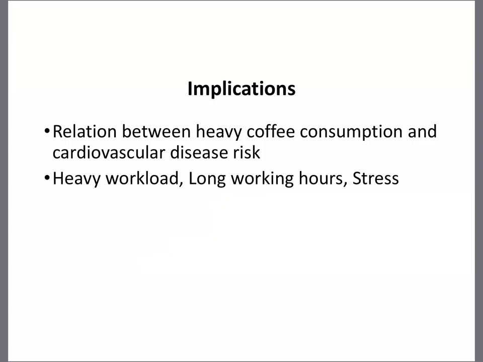See, we have to do a thorough review of literature to come up with a research question. And it is absolutely okay that in your crude estimate you find that there is a strong association between coffee consumption and cardiovascular disease risk, but in your adjusted estimate, there is no effect.